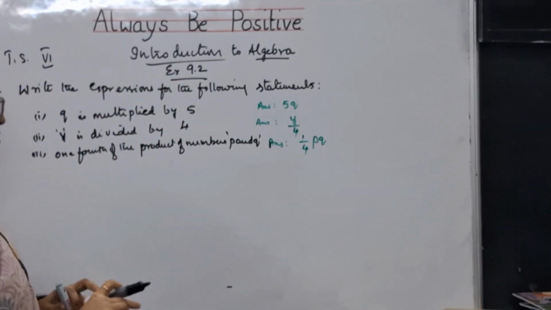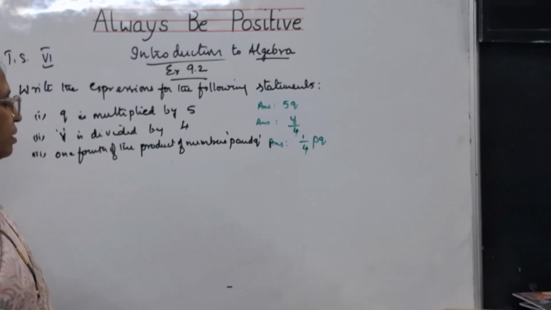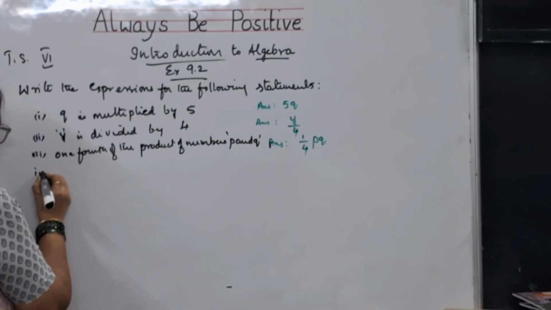That is the answer. Of means you should consider it as multiplication. 1/4 PQ is the answer.